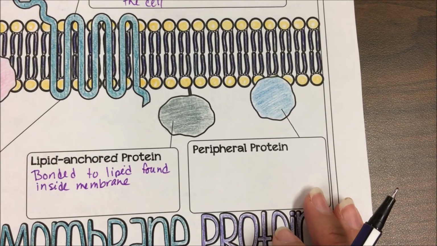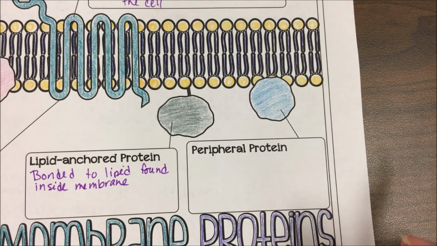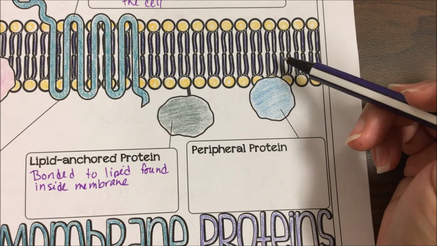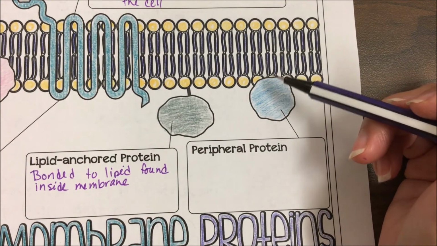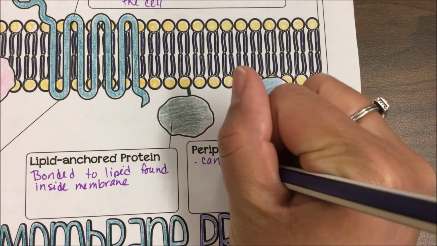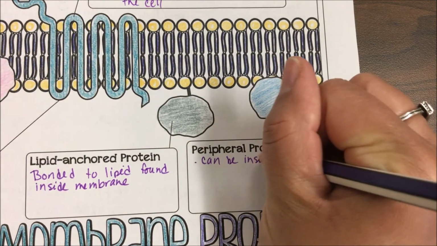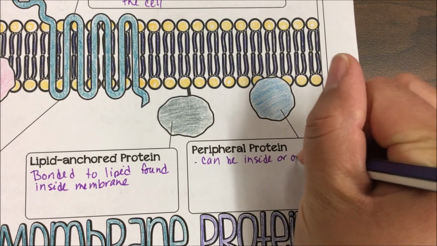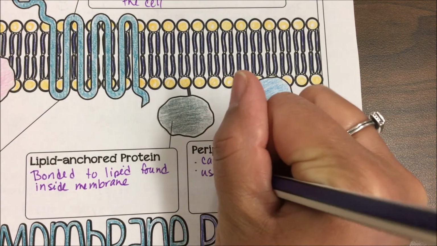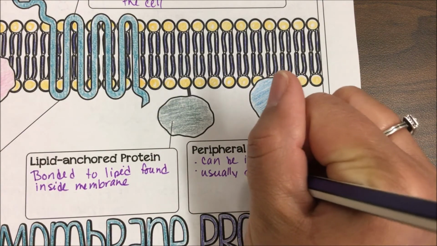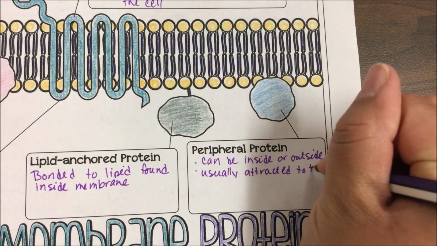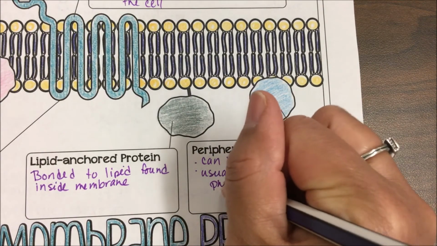Our last one is a peripheral protein. These are proteins that are either on the surface or actually inside, one of the two. Usually they're attracted to the heads, so they can be inside or outside, usually attracted to the phosphate heads.